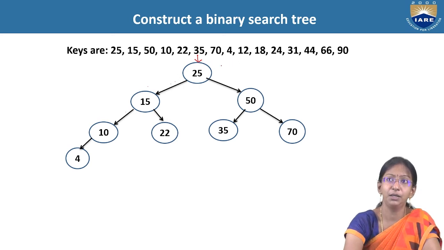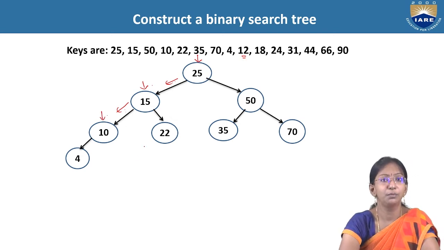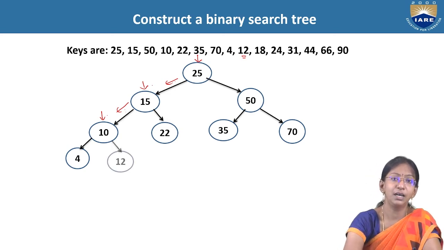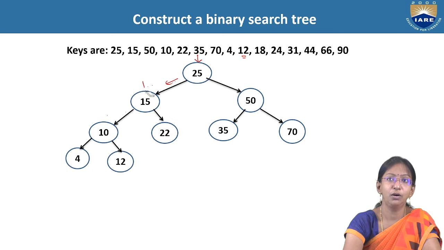So the next element, which is 12, again start the same process. Start comparing with 25. As it is lesser, travel towards its left, compare with 15. Lesser, travel towards its left, compare it with 10. Greater, travel towards its right. But as we do not have any right child for 10, introduce it as the new right child of 10.